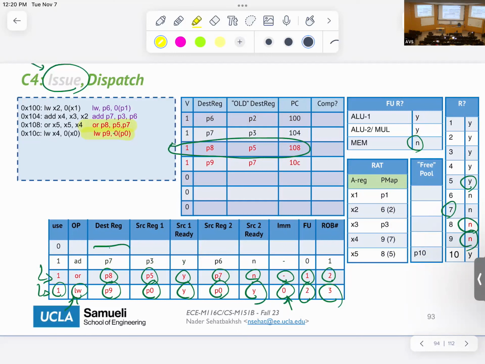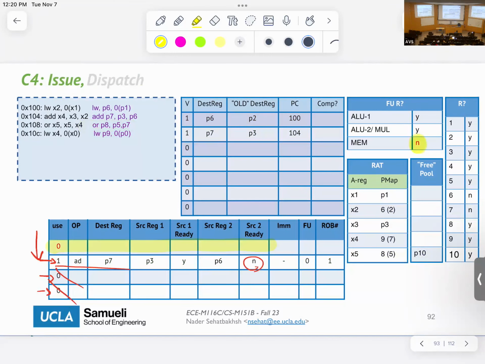We issued this in C4, so we will complete it in C5. Right? What's the question? Fetch, decode, rename, dispatch, and then issue.